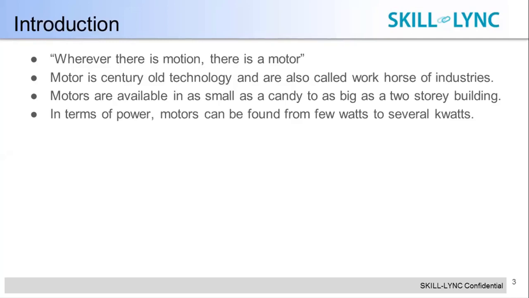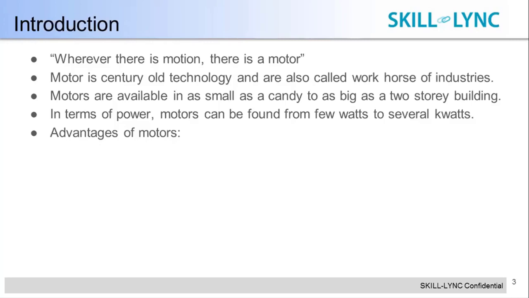It is very general to find industrial motors of 200, 300 kilowatts. That is the variety of motors you can find. And for different applications, just to name some in your home: ceiling fan, mixer, wherever you see a blower, all these are very common domestic applications of motors. And for industries, definitely there are a lot.